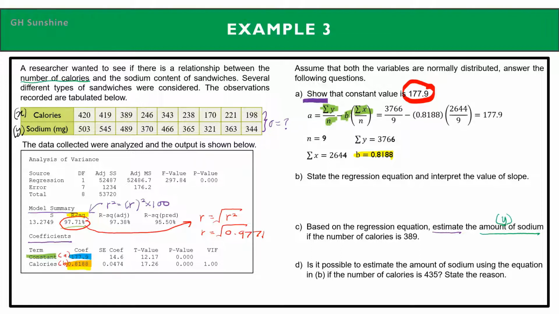Next, substitute all the values into the formula. So at the end, A equal to 177.9, exactly same as the question.